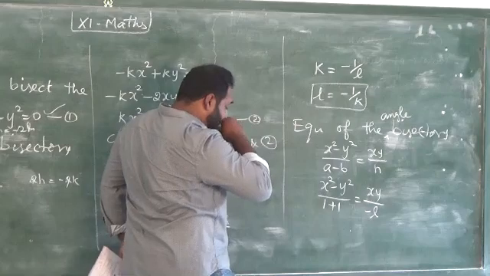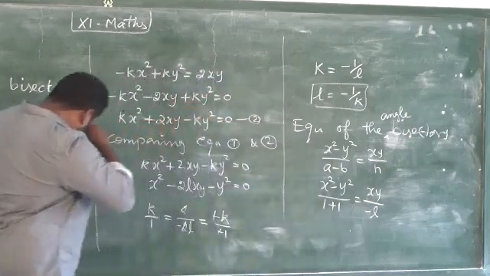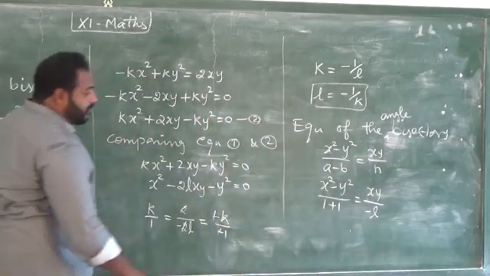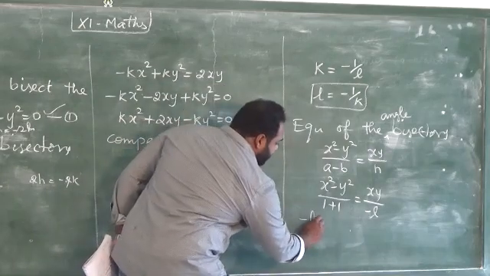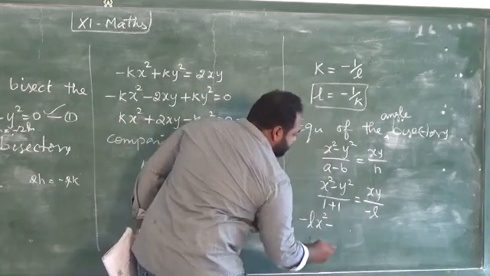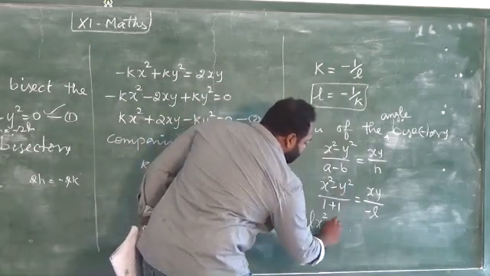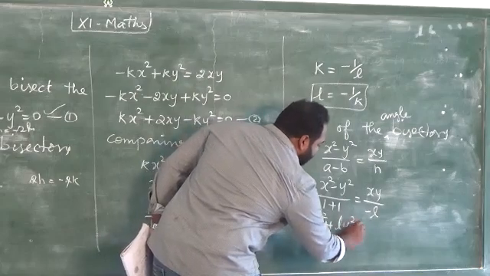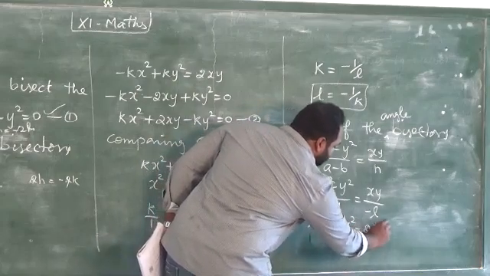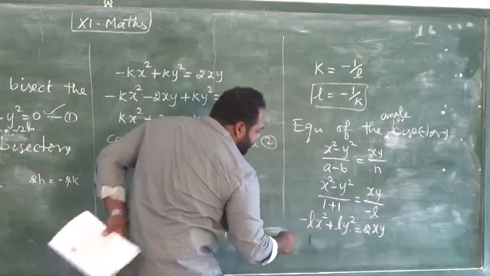Just cross multiply as here. Now minus lx square minus into minus plus ly square equal to 2xy.